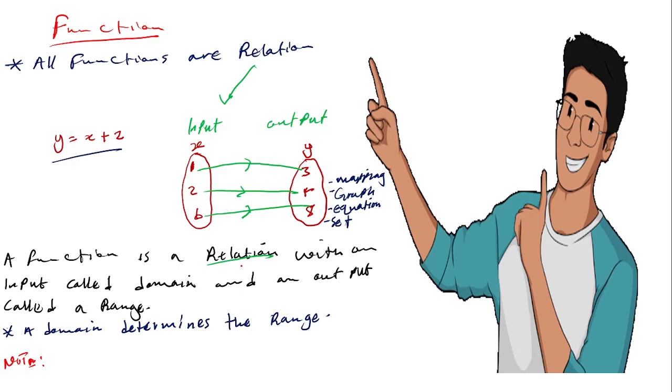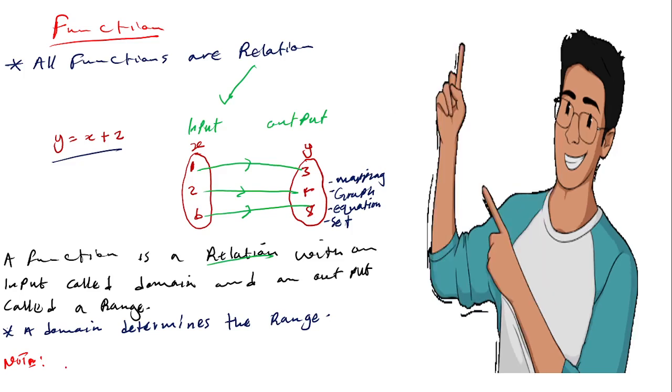So if we borrow the knowledge from sets, this simply means that not all relations are functions, but all functions are relations. I'm repeating that. This is very important when it comes to identifying functions.